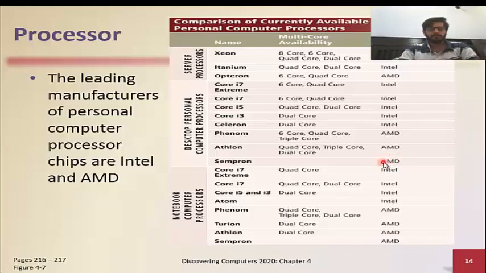We never see Intel chips in your mobile phone. AMD is a leading manufacturer in mobile phone processors. Intel mainly works with these three styles of system, while AMD mostly works with mobile phones and tablet-like PCs.